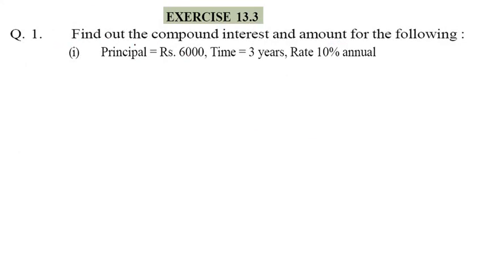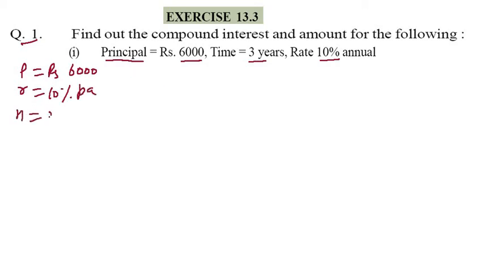Exercise 13.3, question number first. Find out the compound interest and amount for the following. Principal is given as 6,000, time is 3 years and rate of interest is 10%. So you have to write principal, that is P is equal to rupees 6,000, rate of interest R is given as 10% per annum, and the time N is given as 3 years.